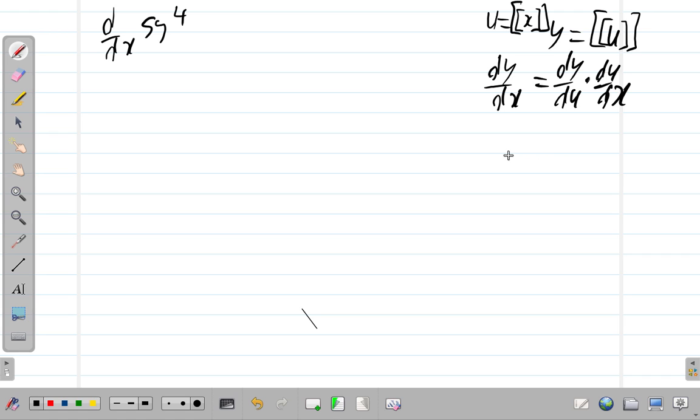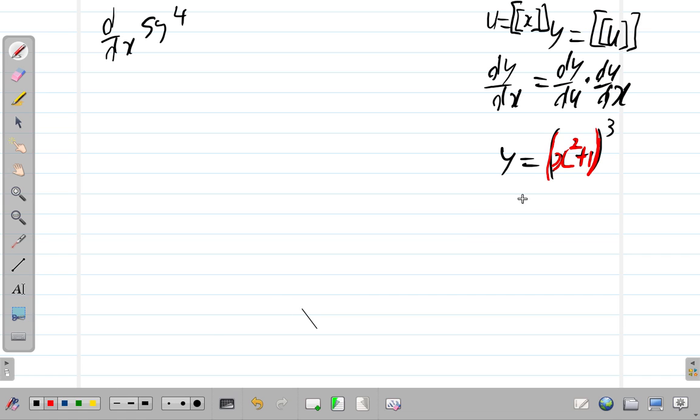An example could be y equals, let's say, x squared plus 1, and that is raised to the power of 3. Y is equal to that.